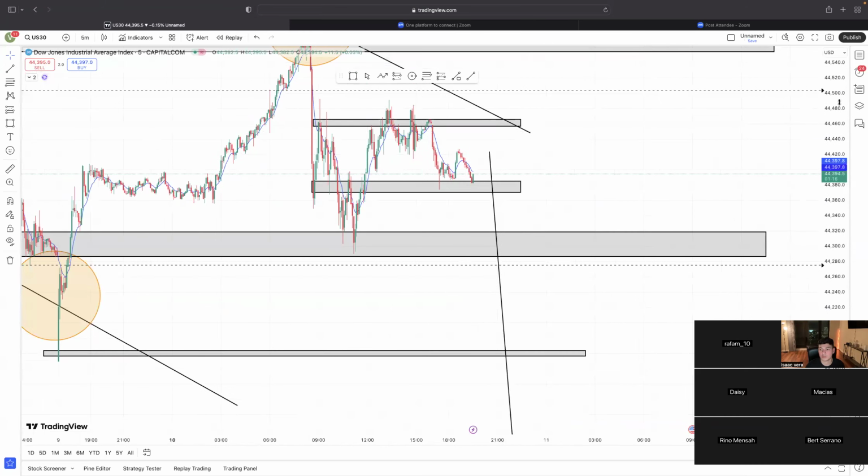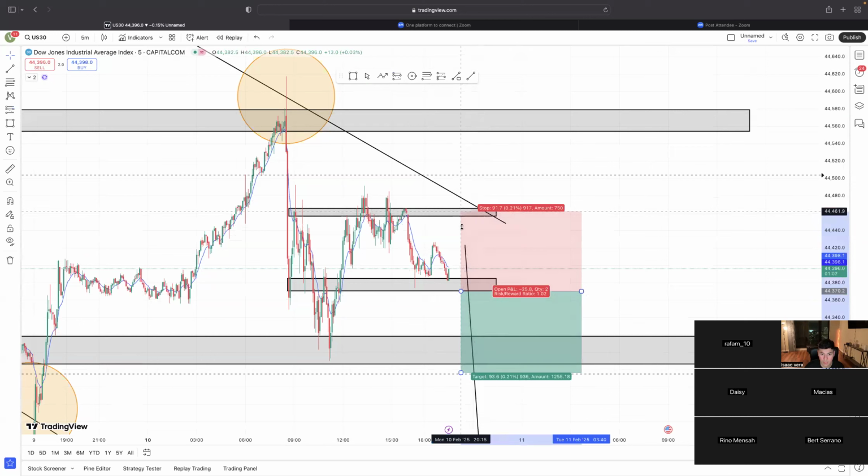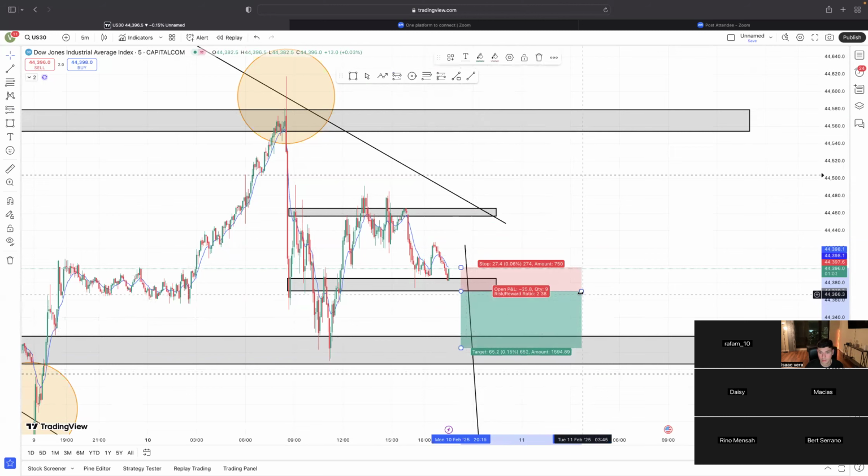So in this scenario, if we are in the 5-minute time frame, I would place my short position, my sell scenario, my trade up to the next support key level, which is this one right here.